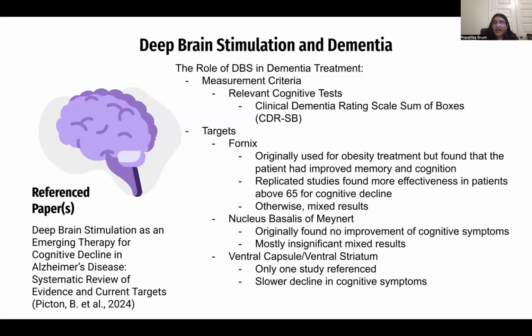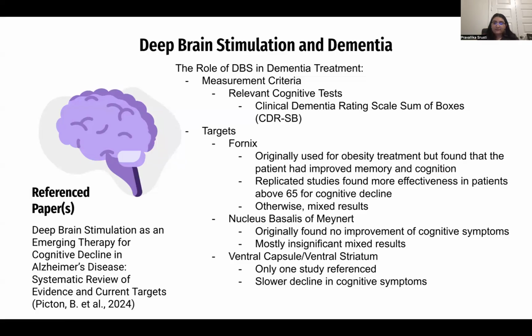And with the ventral capsule and the ventral striatum, there was actually only one study on this in the paper that's being referenced. And they showed that there is slower decline in cognitive symptoms, at least somewhat significantly, for patients that underwent deep brain stimulation to the ventral capsule.